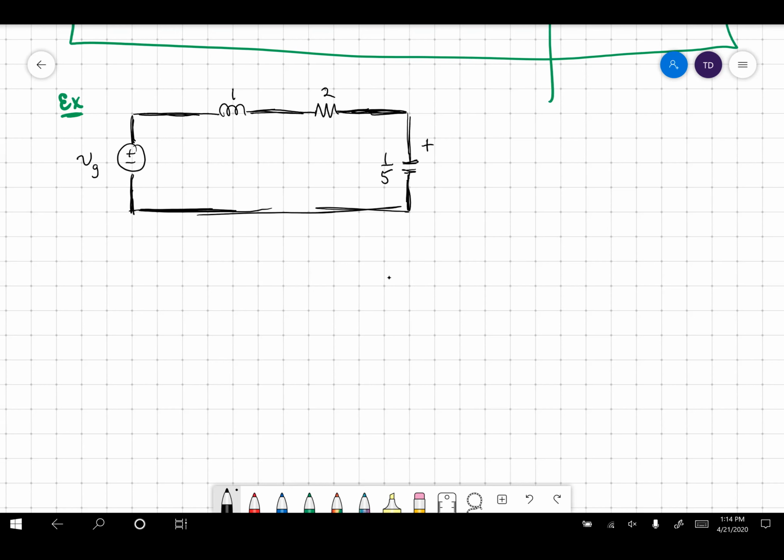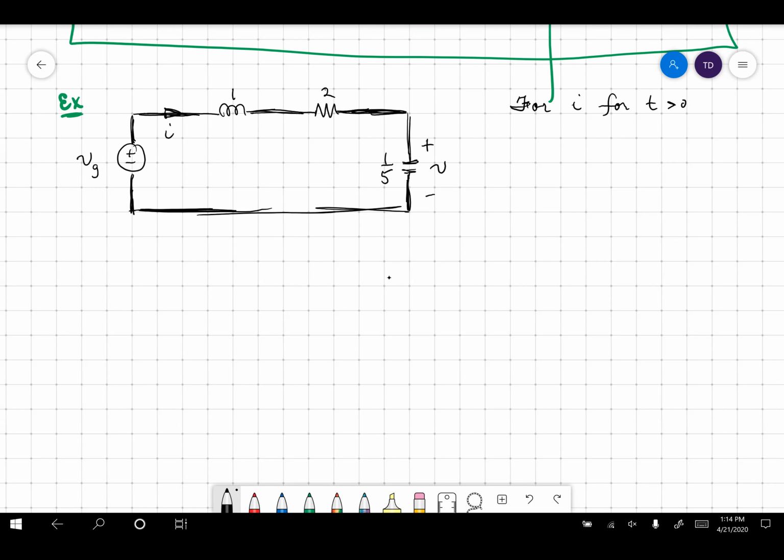And so this will be V, and this will be I. And this is what we want to do. We're going to get the whole gamut here. Find I, and it's going to be for t greater than 0. Why? Because we don't know anything about t less than 0.